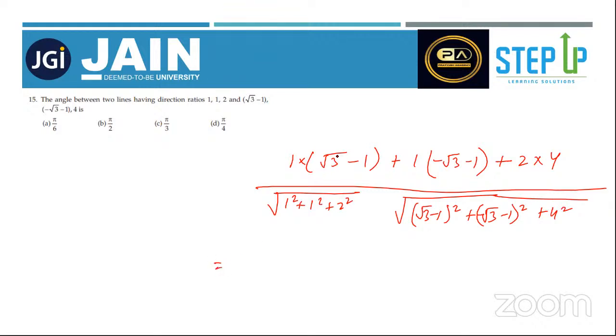So this is root 3 minus 1 minus root 3 minus 1. Root 3 minus root 3 is 0. Minus 1 is minus 2. 8 minus 2 is 6.